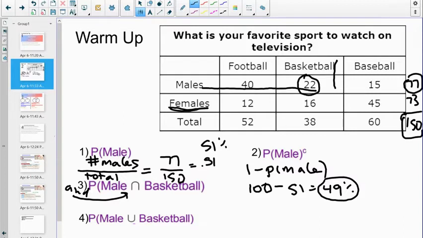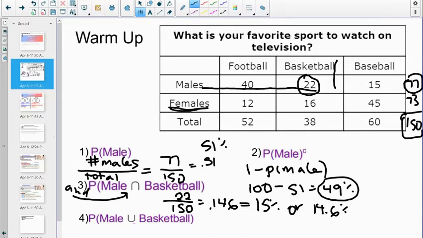So it's 22. We'll take that 22 over that 150 total, and that's going to be about 0.146, which is about 15% if you round up, or you can say 14.6%.